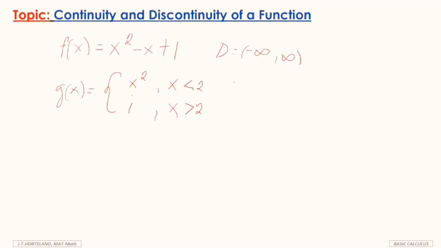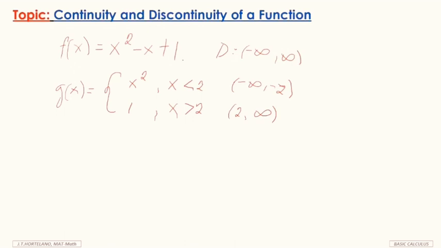So this piecewise function is actually continuous. The first rule is continuous in the interval negative infinity to 2. The second rule is continuous in the interval 2 to positive infinity.